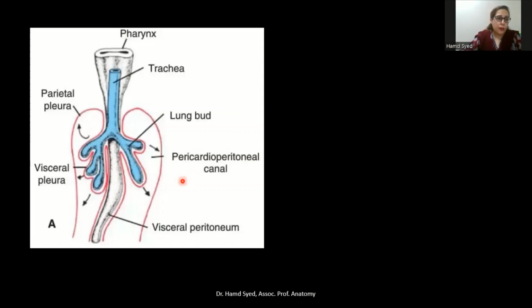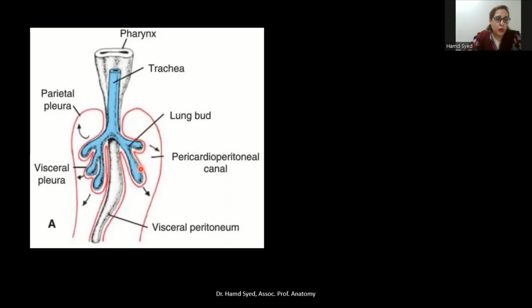Here is diagram A, which is showing you the expansion of the primary bronchial buds within the pleural cavities, which are initially the pericardio-peritoneal canals. And these are the primary bronchial buds for the left and right lungs. And the further budding, we will talk about, is into the lobar buds or the secondary bronchial buds.